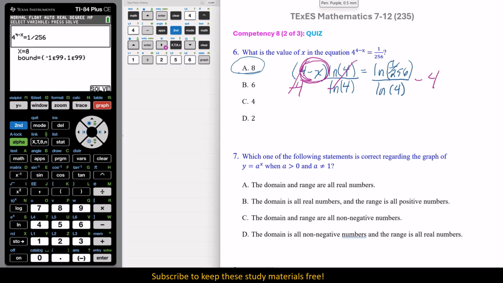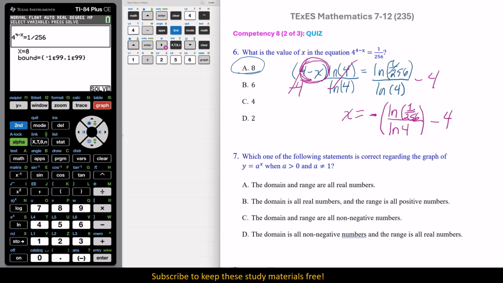That gives us x equals, then we just put this negative in front and copy down everything and enter it as we see it. That'll be the natural log of 1 over 256, over the natural log of 4, minus 4. We can just put that in the calculator as is, and we should get precisely the same answer.